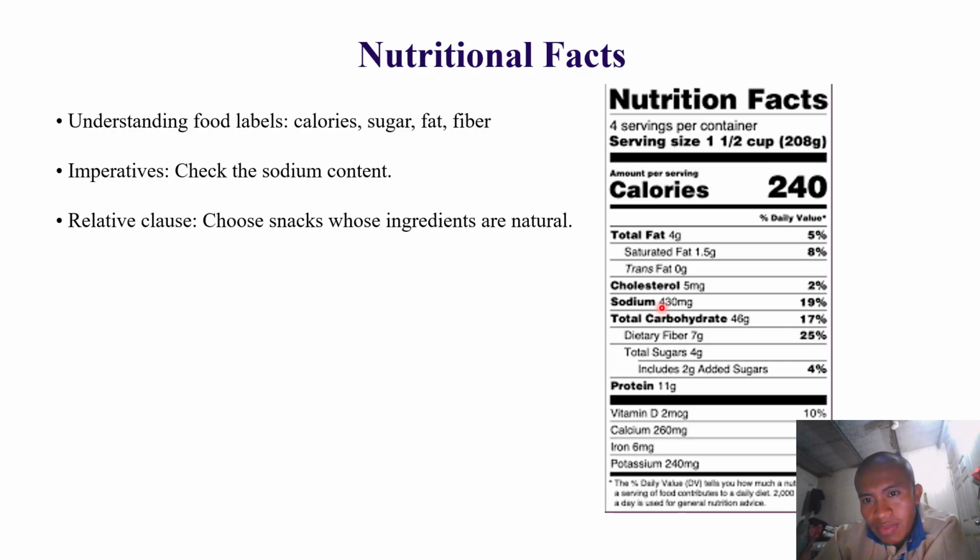It can be in English or Spanish, so you have to check this in order to avoid any illnesses, because some people are allergic to some food, so they have to avoid it if they find something poisonous or really bad. So here it's very important to check the labels because they have calories, sugar, fat, fiber.